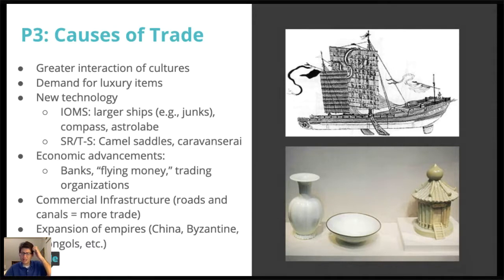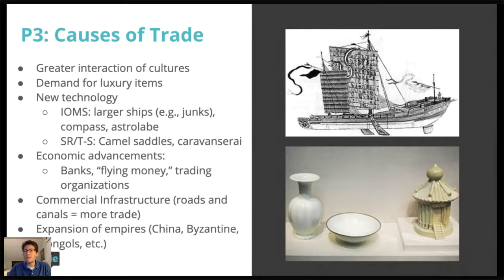One thing that I don't really highlight here is that trade also grows in Northern Europe, and the Hanseatic League comes into being, where Northern European cities work together to support trade between them. Cities in England and Denmark and Scandinavia and Russia, they all kind of join in and protect trade between all of these cities because it's in their best interest.